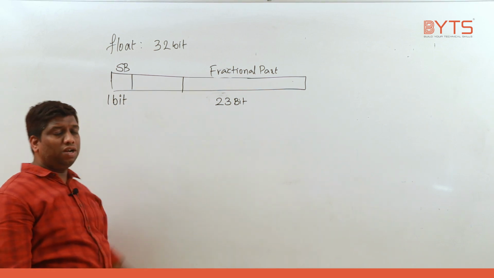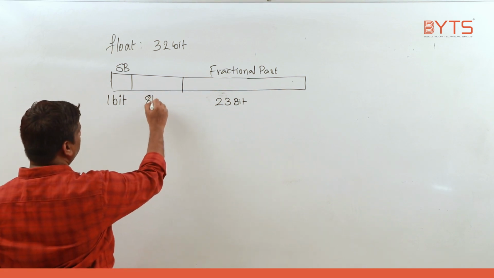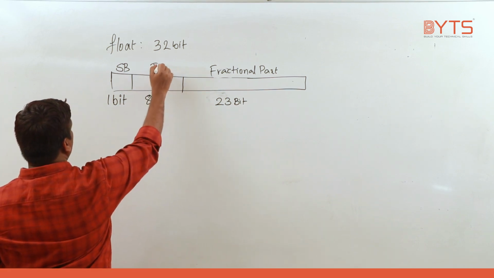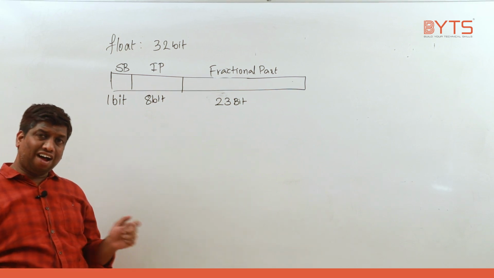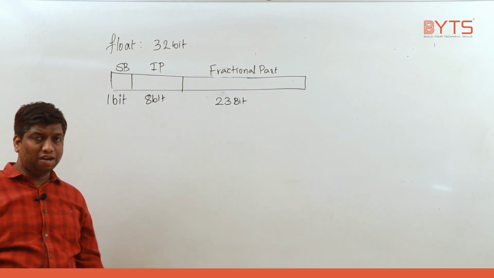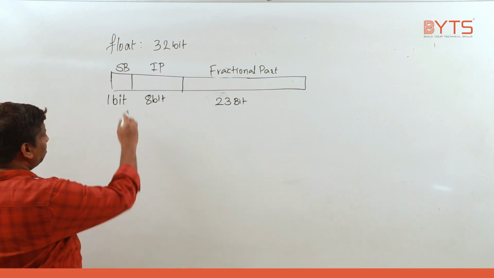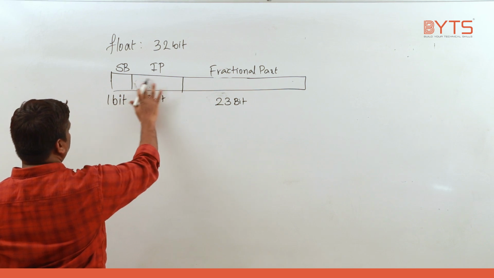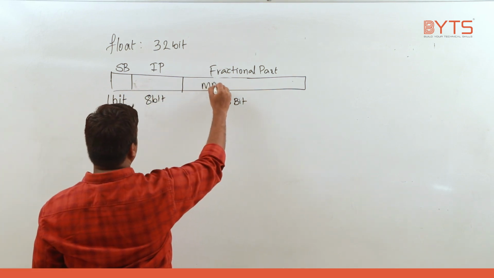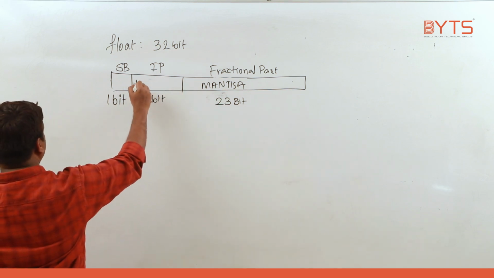So 23 plus 1, how much? 24, and the remaining 8 bits are used to represent the integral part. The integral part is not directly represented. There is some other standard that we are not discussing because it's not in this scope. Sorry, this fractional part is called mantissa, and this integral part is called exponent.